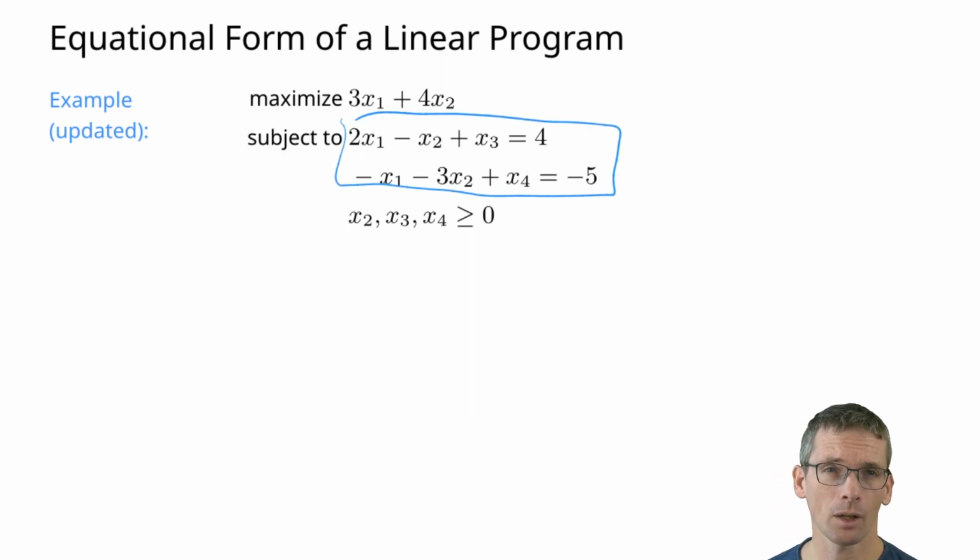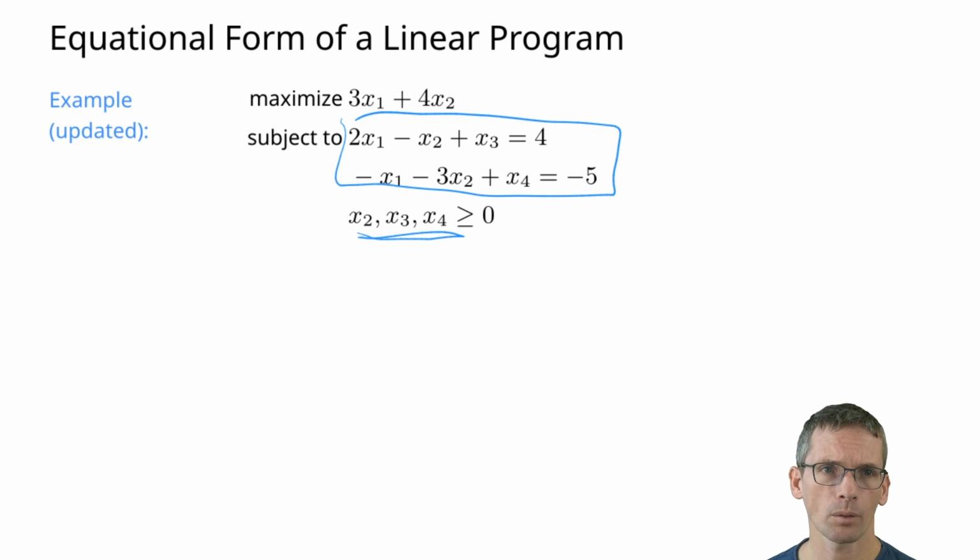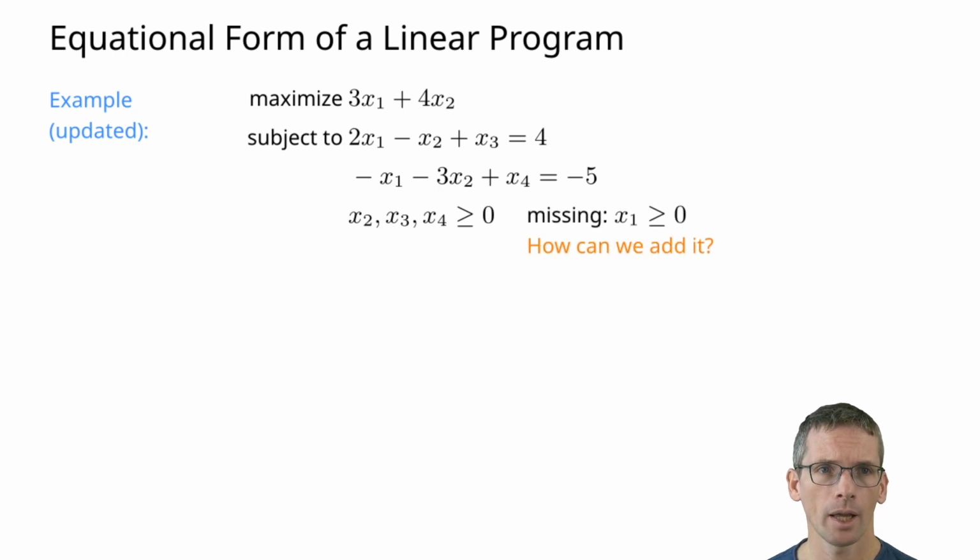So this is exactly what we want to have, except that we want all of the variables to be non-negative, and right now x1 is not yet constrained to be non-negative. So how can we add this constraint while still allowing that our original x1 could actually be negative?